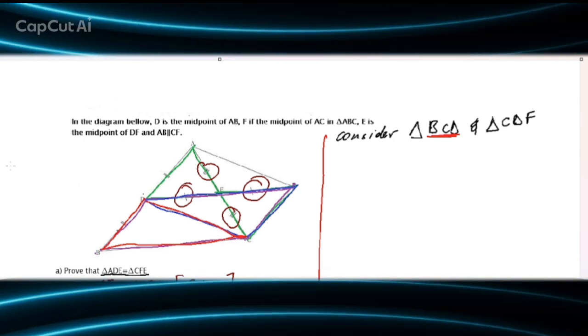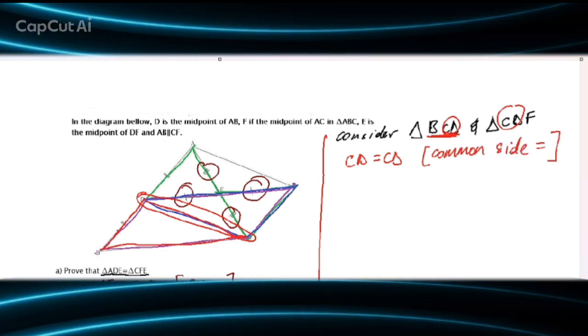First things first, between these two triangles, we can see that they have a common side CD. So CD is equal to CD, reason being common side, which is equal in both triangles.